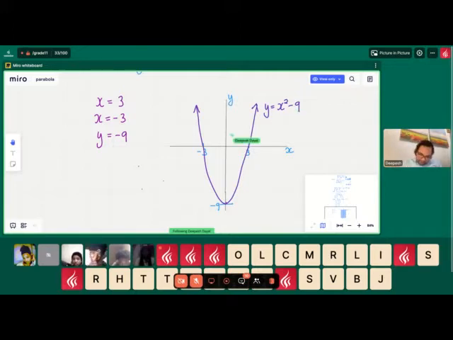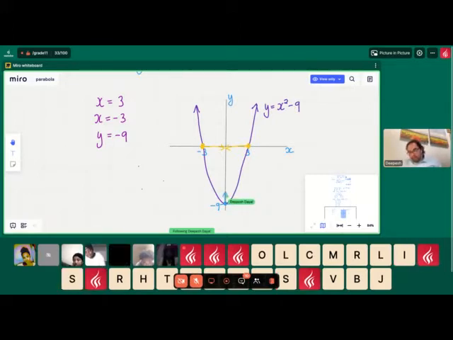So here's your x-intercepts. At the x-intercepts, look at the value of y. Y equals 0, see? And at the y-intercept, which is here, the x value is 0. So that's why we say at the x-intercept, the y is 0, and at the y-intercept, the x is 0. Okay, how's this graph looking, everybody?